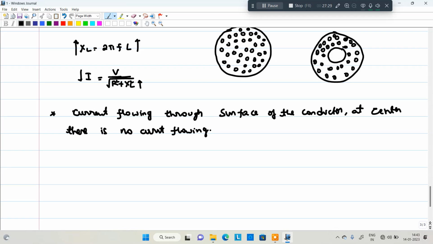That's why manufacturers make hollow conductors: inside everything is hollow, and the conductor material is present only near the surface. There is no current flowing through the center, so you can save material once you design a hollow conductor.